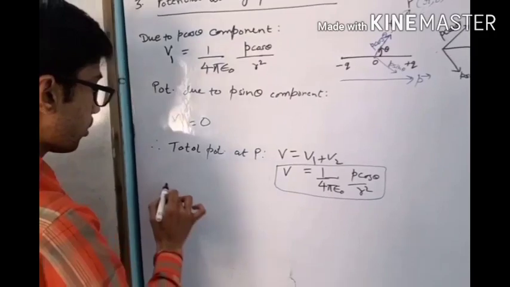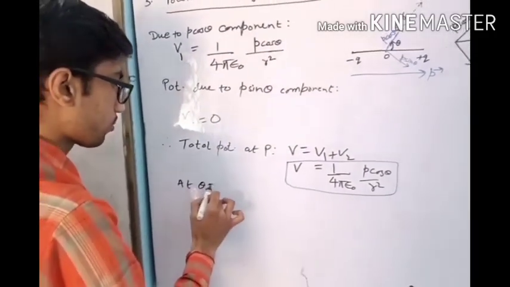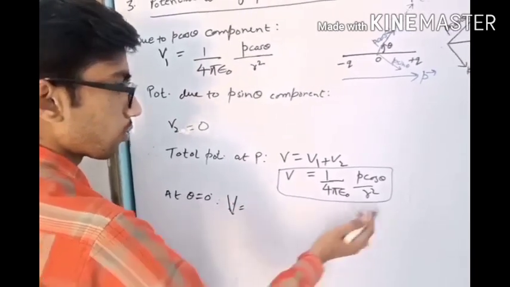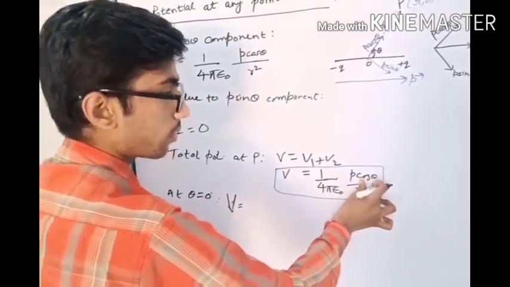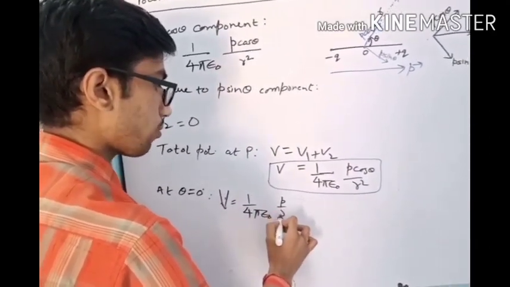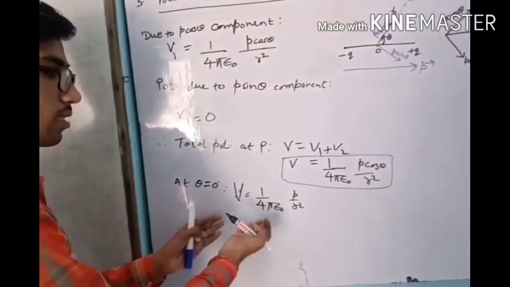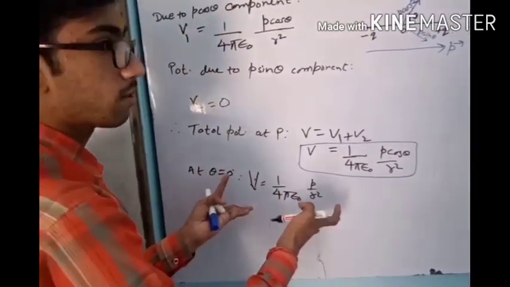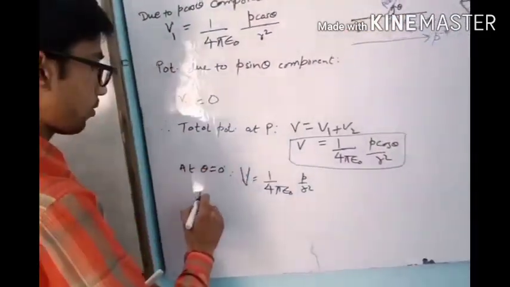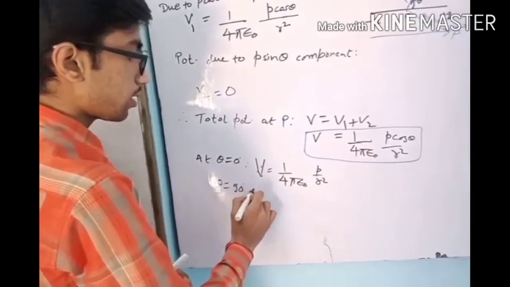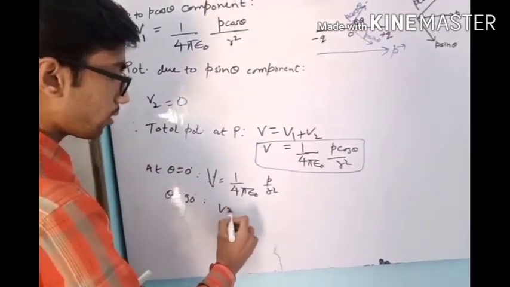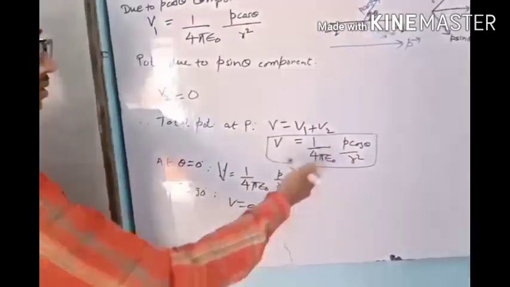So at theta equal to 0 degree, cos 0 is 1, so V is simply 1 over 4 pi epsilon naught P over r square, and we know this is the correct expression for the axial position. If theta is 90 degree, means equatorial position, then cos 90 will be 0, so V will be 0. So you can simply verify this expression is correct.